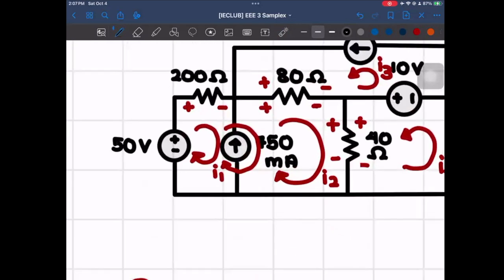So since it's a super mesh, we can actually treat this as our entire mesh current. So it's going to be like this. And then with that, we could first identify our V rise. And since the only voltage source is this one, 50 volts, and the others are resistors, our only V rise would be the 50 volts.